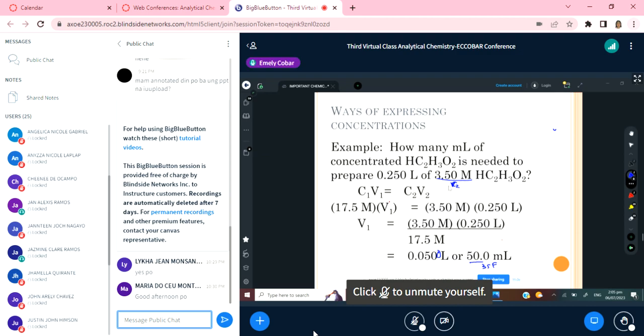Okay. Next. Okay, you are asked to prepare a 2.250 liter. So this is your V2. Okay? Now, C1 mo is the acetic acid concentrated, which is this one, 17.5 M. So ano lang hinahanap?